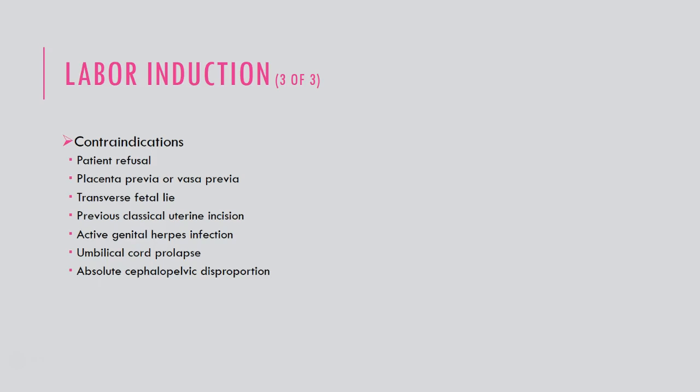So if there's ever a question as to whether or not the baby can be born vaginally and it's safe for the baby and the mom, then you'd always question a labor induction order. For any of those reasons. Active genital herpes infection, we would never birth a baby through a vaginal canal that has active herpes infection or an active outbreak.